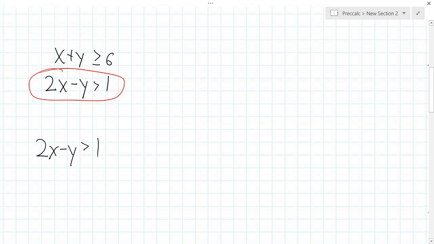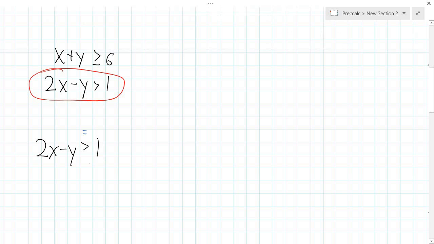Okay? Now, my first step is to pretend like this is an equation. I'm going to pretend that there is an equal sign here. There we go. And I'm going to graph this out as a line.